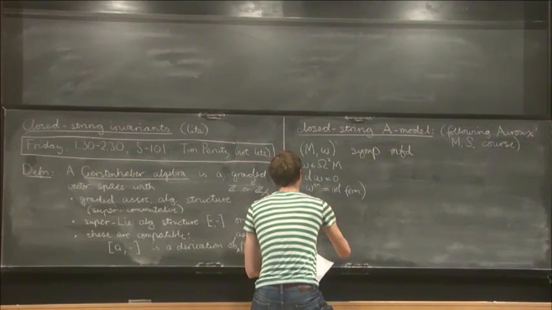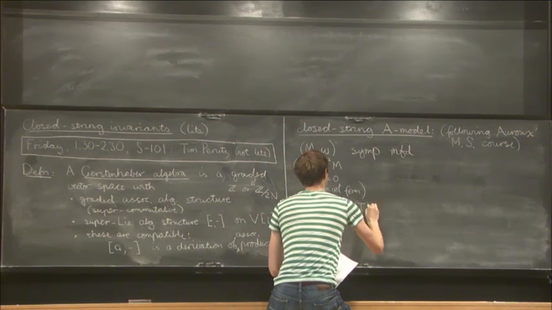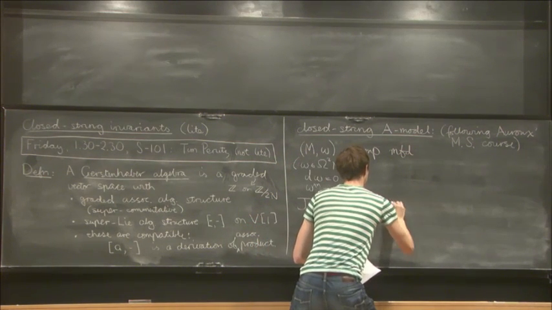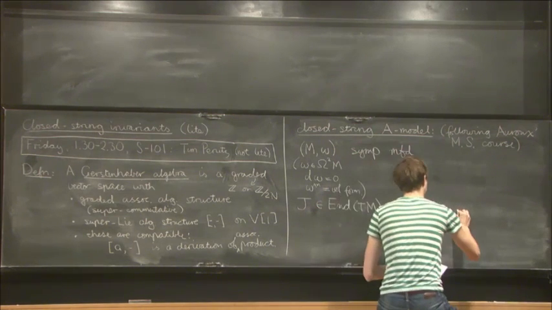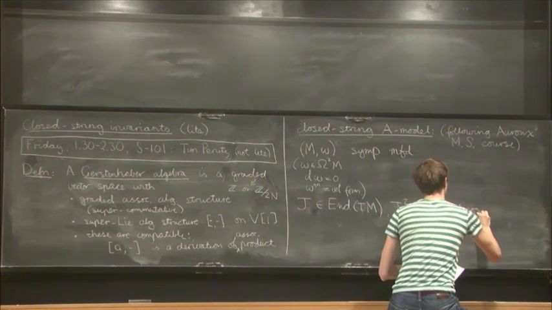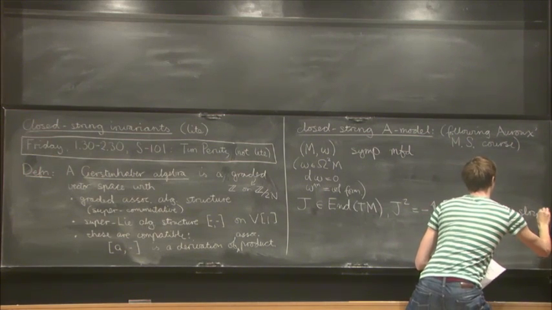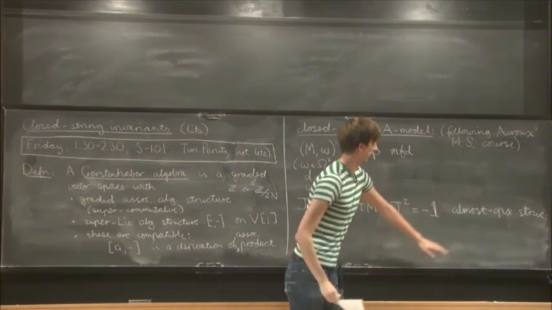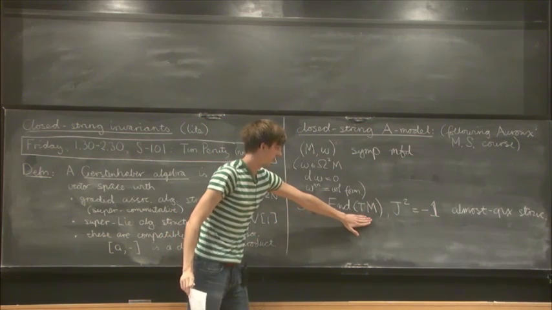Let J be an almost complex structure on M. The almost is because it's only a complex structure on the tangent bundle.